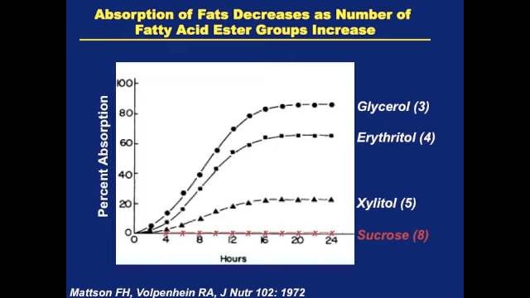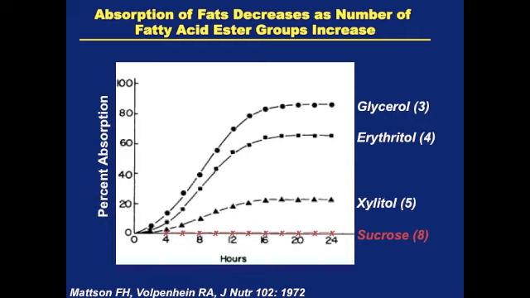Olestra is a fat mimetic, and it's a fascinating substance in that it can be modified by changing the fatty acid composition of the fatty acid esters to take on flavors and functional characteristics and organoleptic characteristics that entirely mimic various types of fat. So you can use it to bake, you can use it to fry, you can even make spreads out of it.